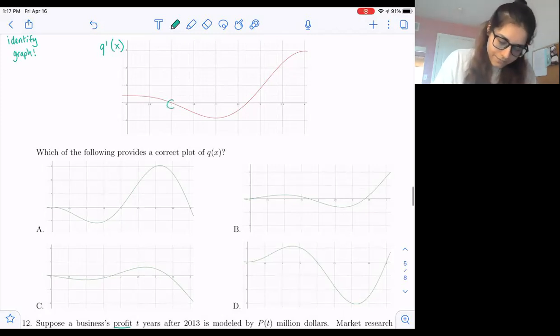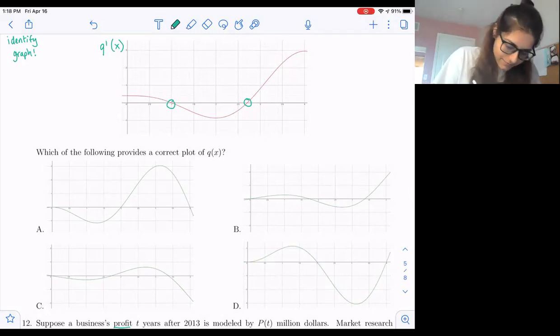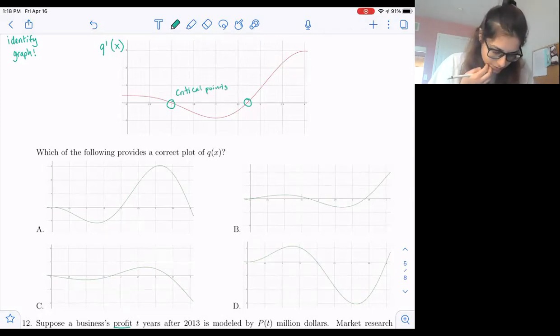So here that's at 1 and at just above 2.5, like 2.7 maybe. Where it crosses the x-axis, we have critical points. So right away, I can eliminate a couple because we can see we have a minimum here, a maximum here.